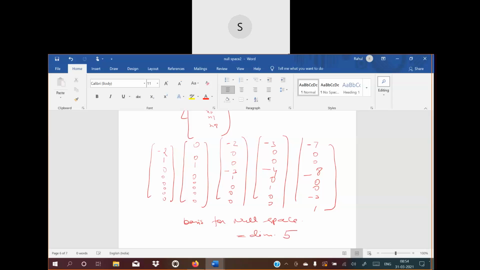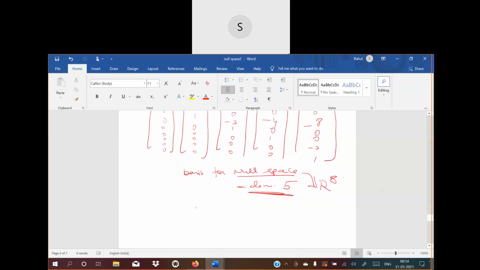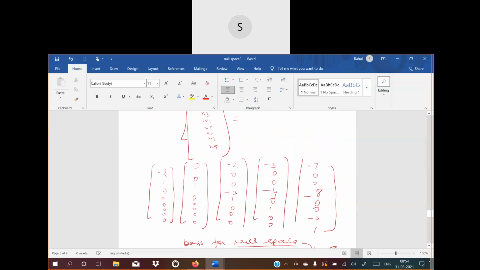The null space is in R8, its dimension is 5, and the rank of A here is 3. Therefore you see that theorem: rank plus nullity is the number of columns, 8. But now how am I getting this one? Can you see this?